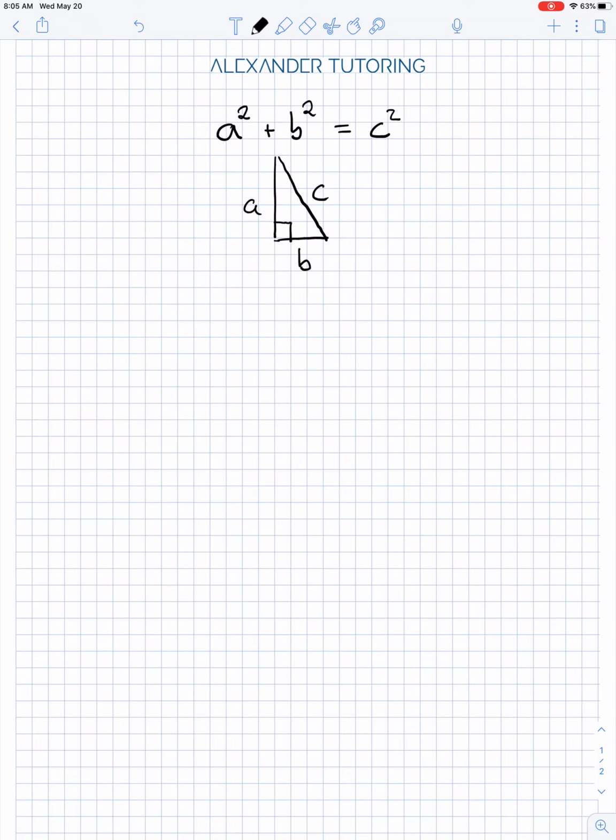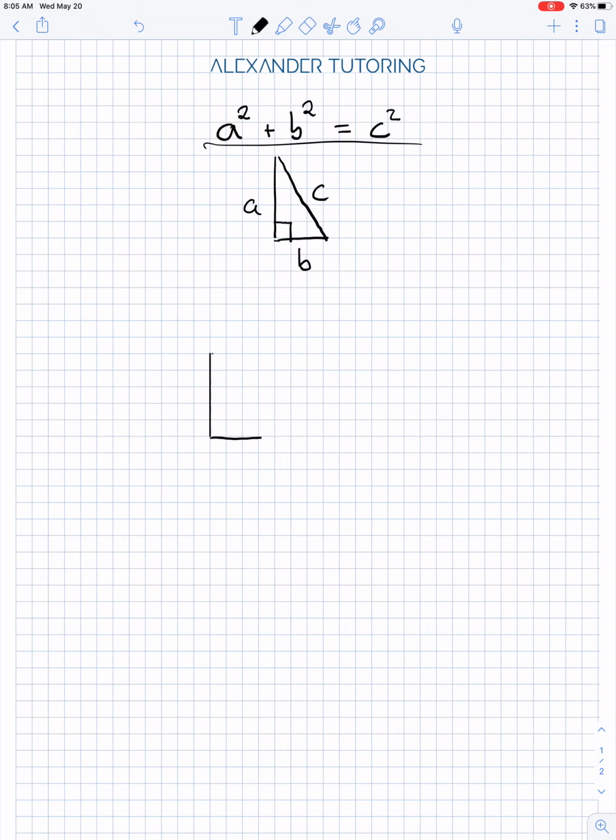So how do we come up with this formula? Well, there's a lot of ways to do it, actually, but I'm going to show you one way. So what I'm going to do is draw four equal sized triangles, okay? And I'm going to make them 5 squares by 3 squares. As long as they're right triangles, it doesn't matter, but just to be consistent. 1, 2, 3, 4, 5, by 3.